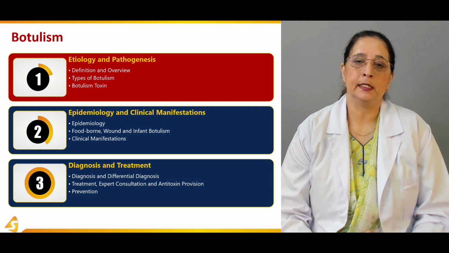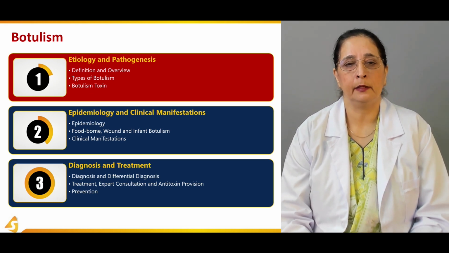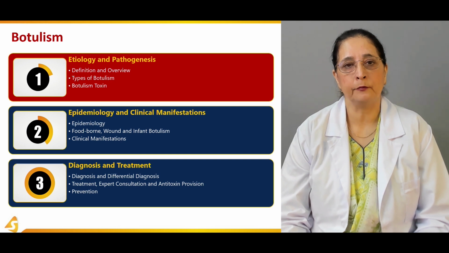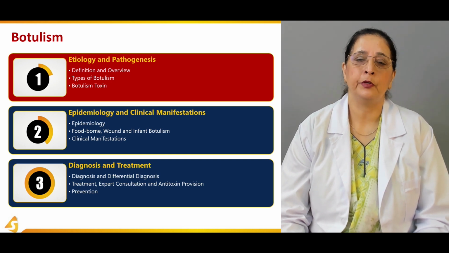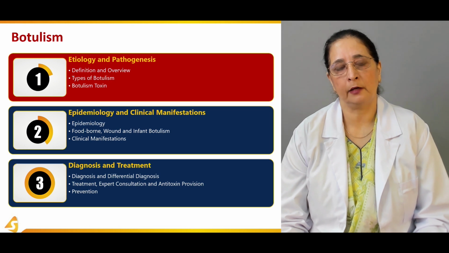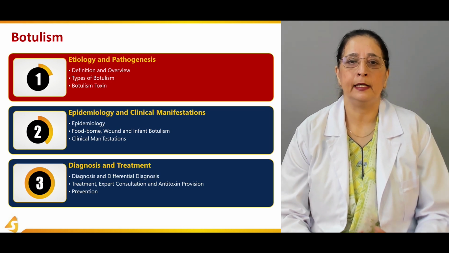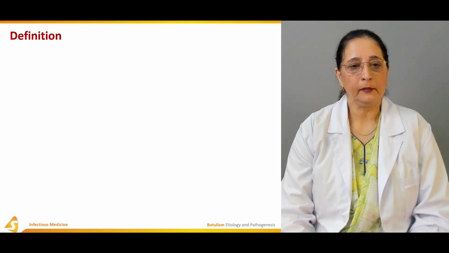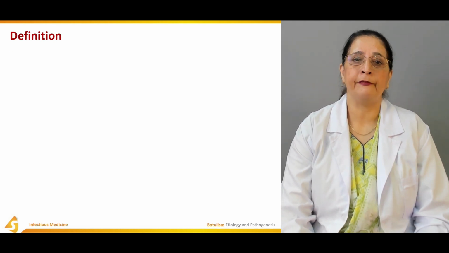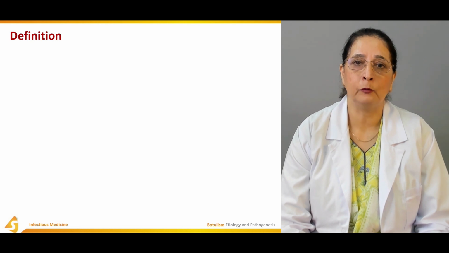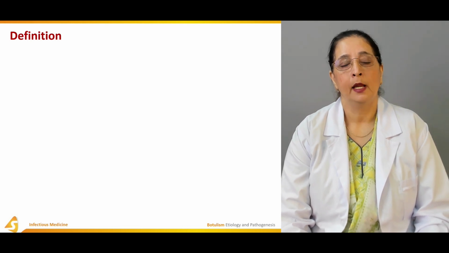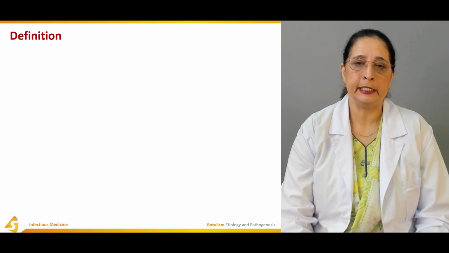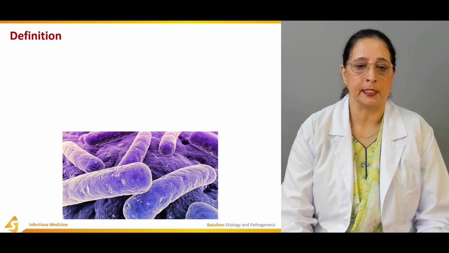And then we will discuss the botulism toxin and how it produces the effects that are very significantly related to botulism. So let's first talk about the definition of botulism. What is botulism and how do we define the condition known as botulism?